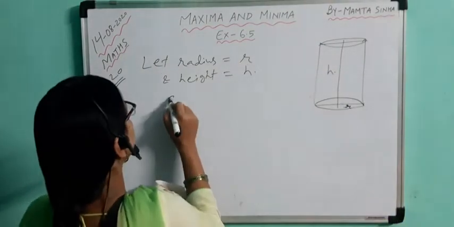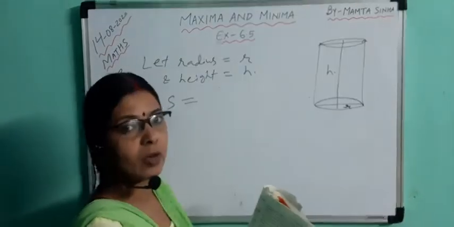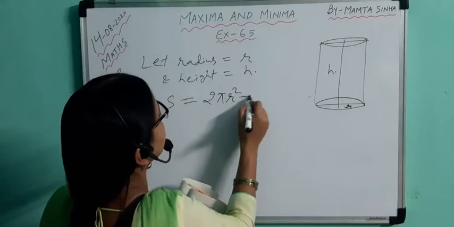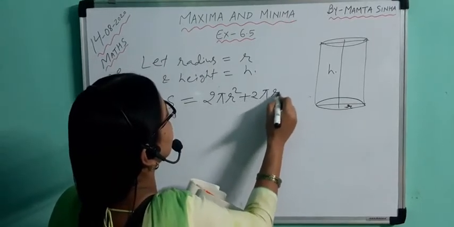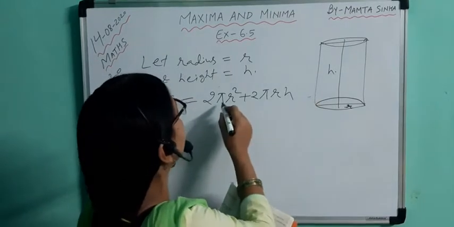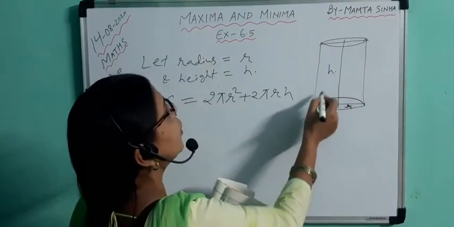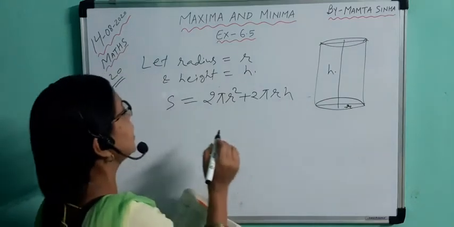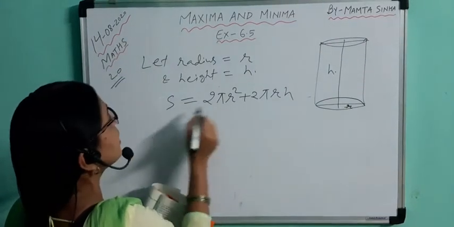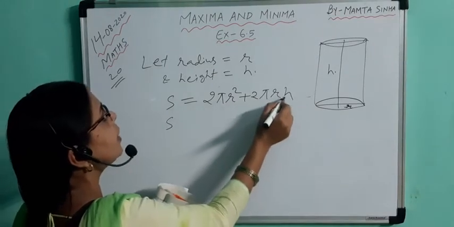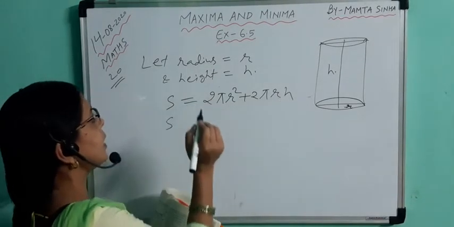So S, we know that the surface area of a right circular cylinder is 2 pi r square plus 2 pi rh. 2 pi rh is the curved surface area of the cylinder and 2 pi r square is the area of the top plus the area of the base. Now S is equal to 2 pi r square plus 2 pi rh. We have to find the value of h in terms of S and r.